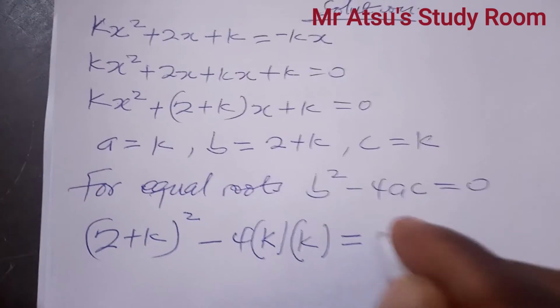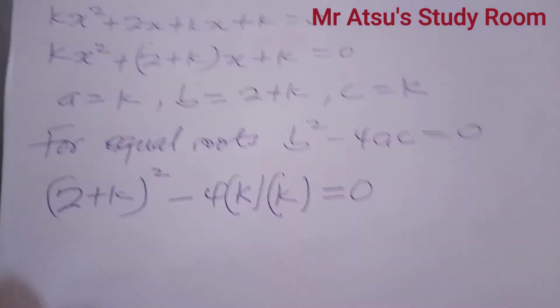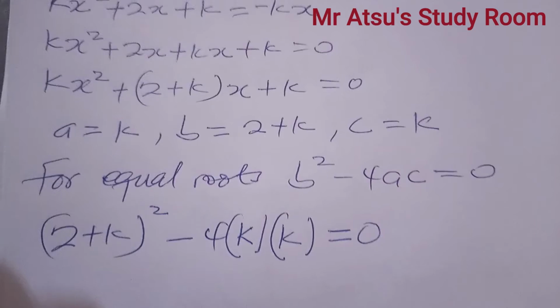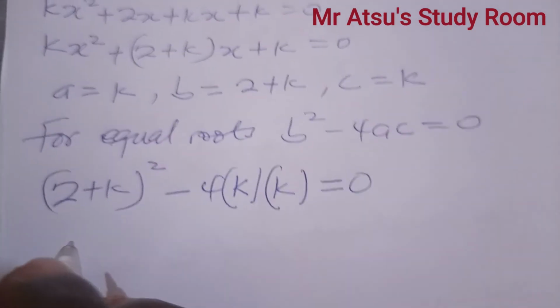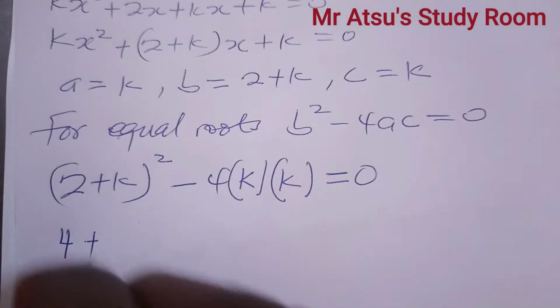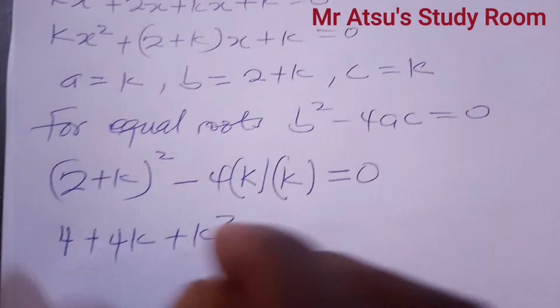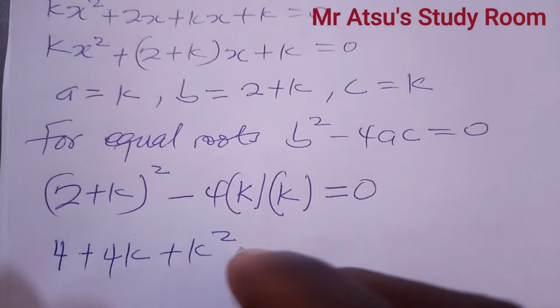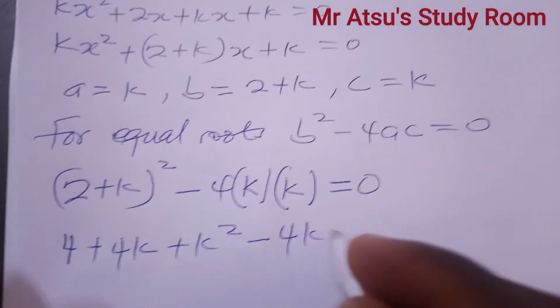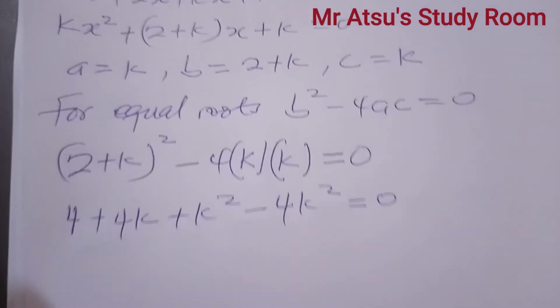And this should give us 0 if the equation has equal roots. So by expansion, using binomial expansion, this is going to give us 4 plus 4k plus k squared minus 4k squared equal to 0.